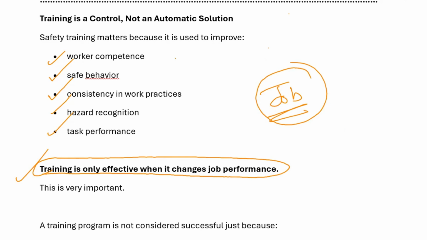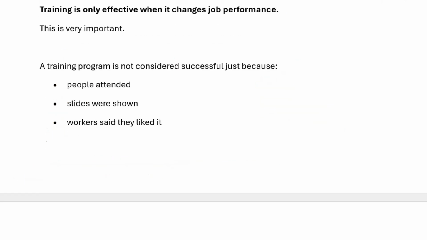Okay. Training program is not considered successful when people are just attending, slides were shown, or workers said they liked it. So that is not a proper training program. Training should bring some kind of positive changes to the behavior of the people.